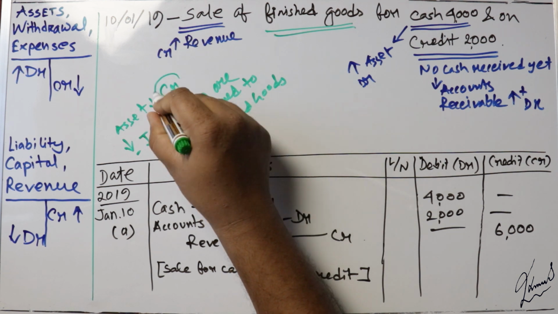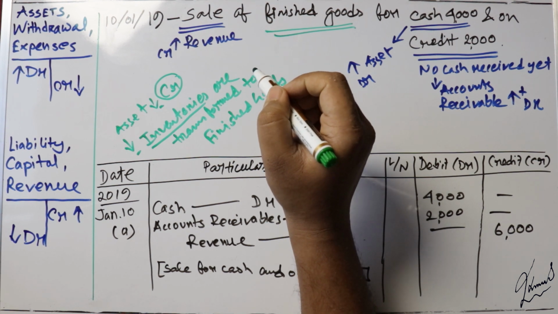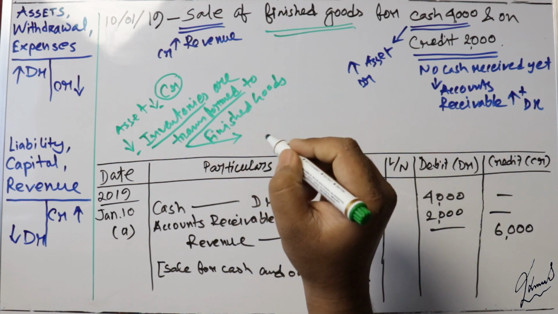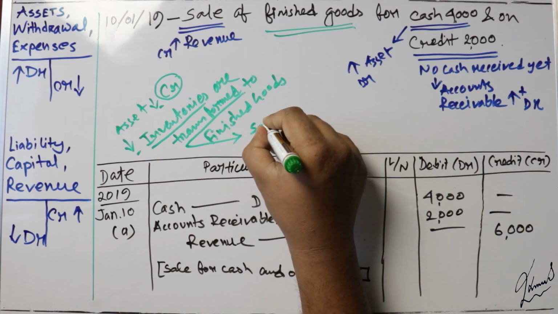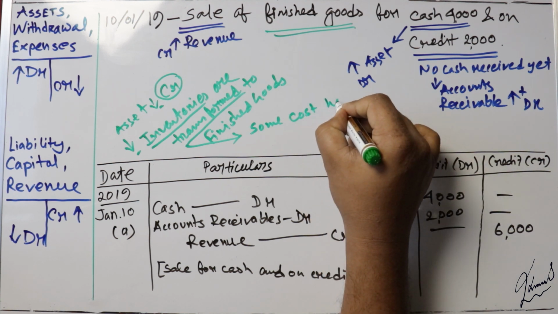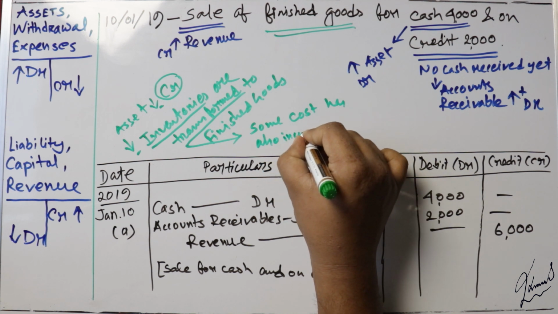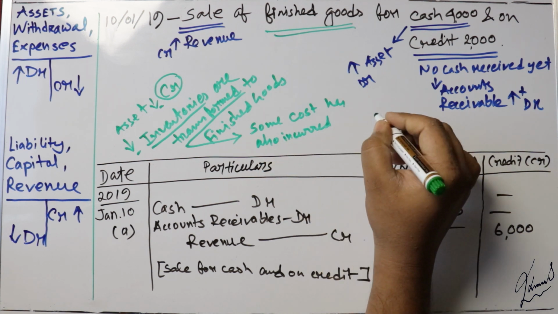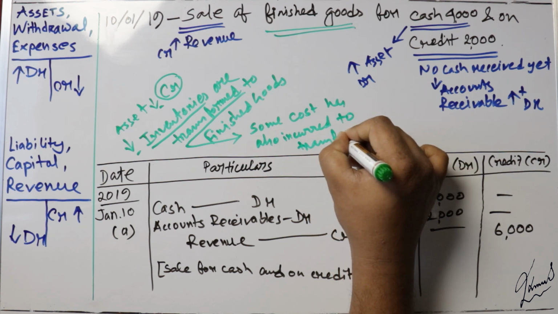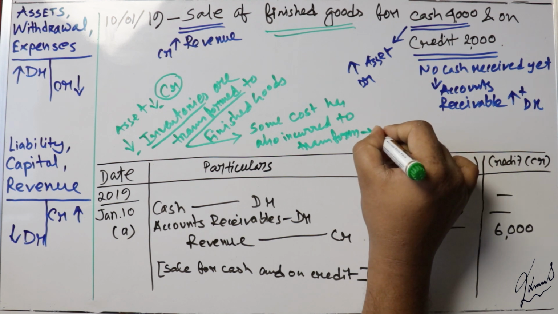And as we have already discussed seconds ago, to convert raw materials to finished goods, we must incur some costs. These costs are conversion costs, and they are called cost of goods sold. That means the cost that we have incurred to make any raw material into a condition that is ready for sale.